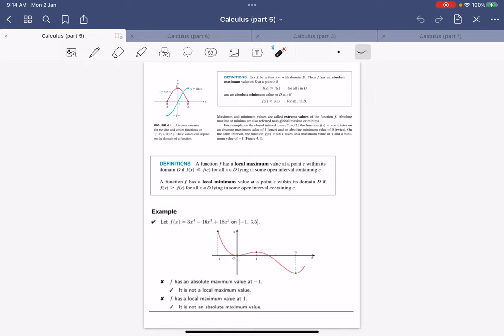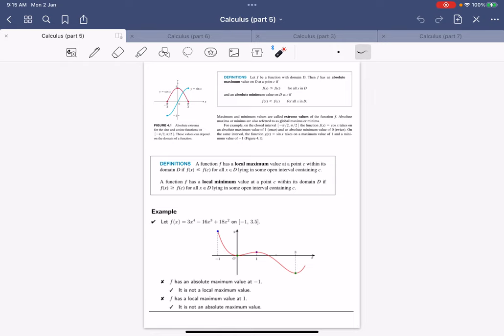And then there's an idea of the local maximum, which is if you're just given a certain interval and it is the maximum value within that interval, then it is considered the local maximum. A similar definition occurs for local minimum, and we can look at an example to understand all these maximum and minimum values at one glance.